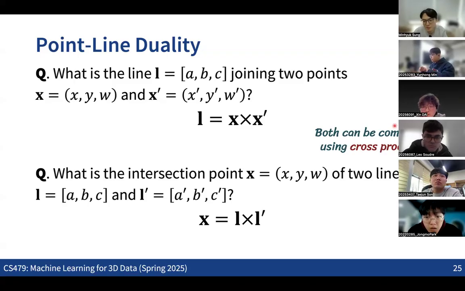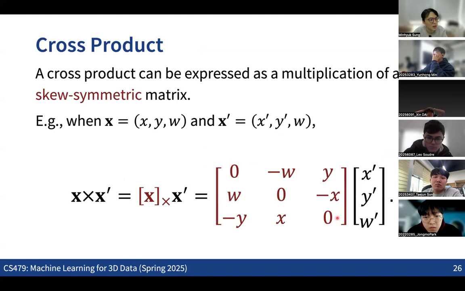So this is some basic things about the line representations. Also, in terms of calculating the cross product, we can represent this in matrix form using the skew symmetric matrix. When we compute the cross product of these two, we can do the same calculation by defining this matrix and taking the matrix-vector multiplication. This matrix is skew symmetric, which means it is symmetric except that we have a different sign here.